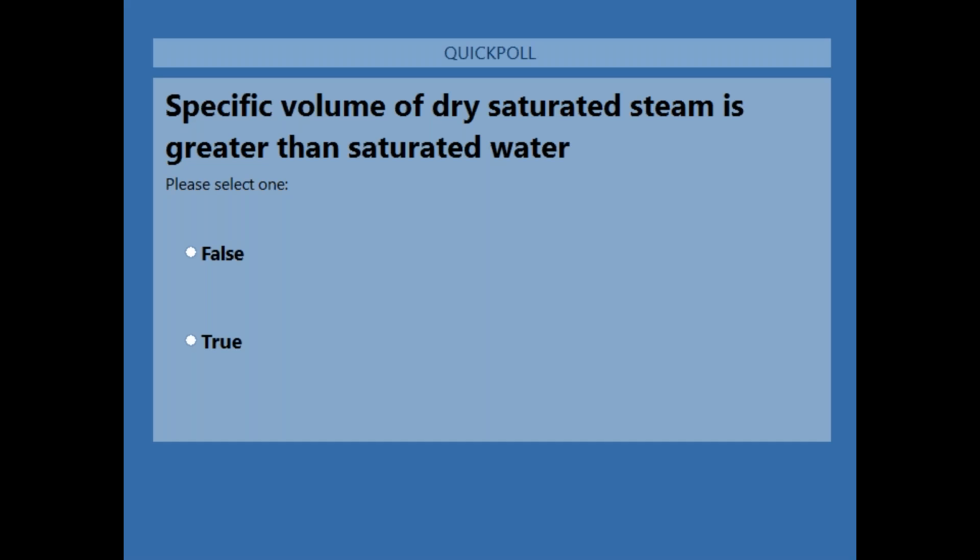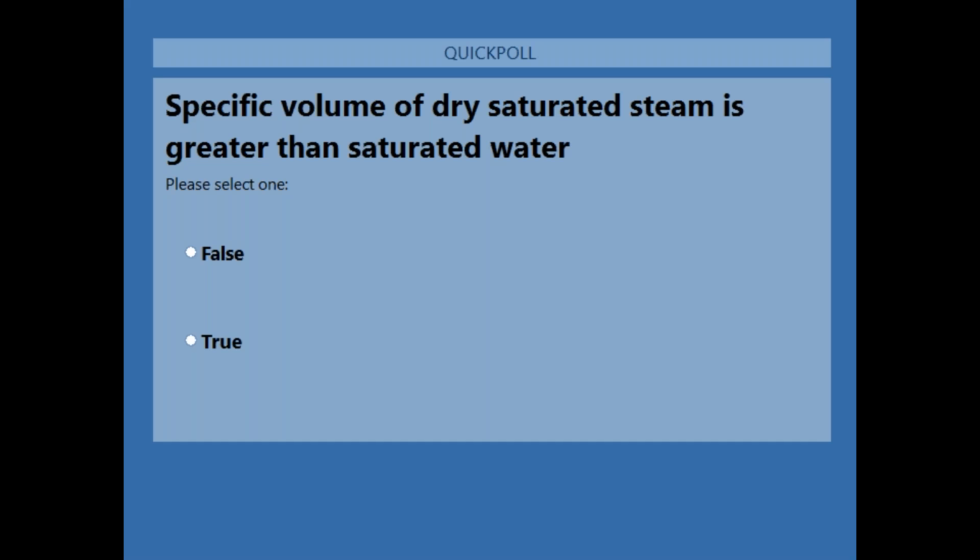In spite of the fact that the question is pretty simple, I find that about 40% of the students have answered it wrong. So far 75% of the students have voted, and of them 40% have got it wrong.